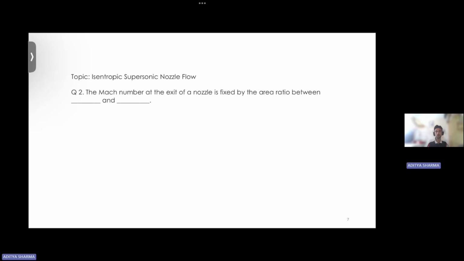The flow is supersonic and there is nozzle action in it. The question says that the Mach number at the exit of a nozzle is fixed by the area ratio, between dash and dash.